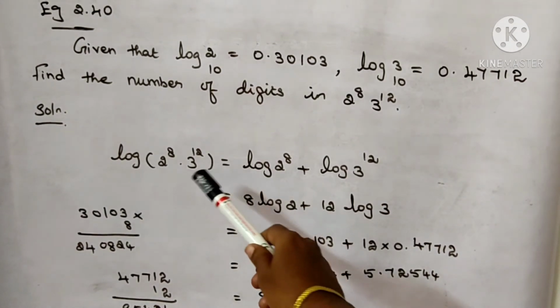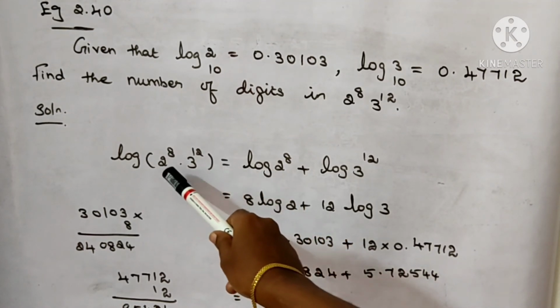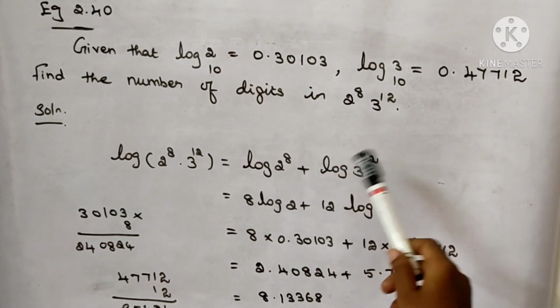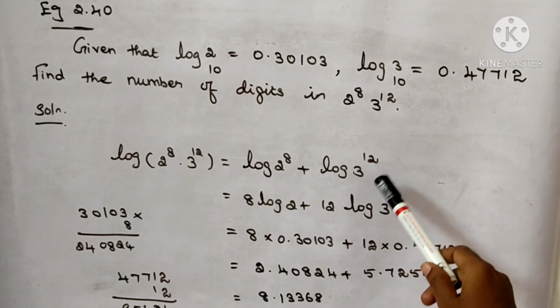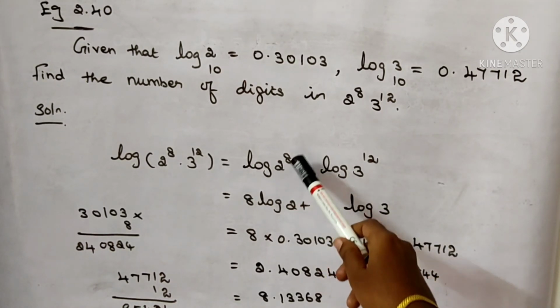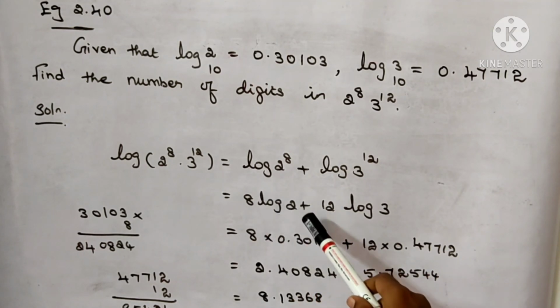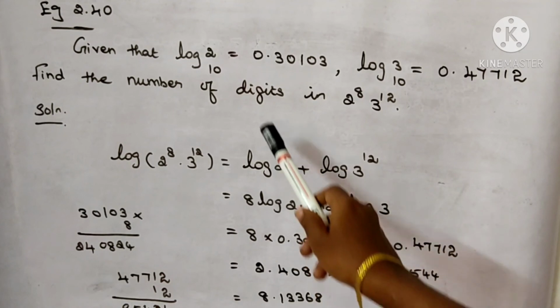You take the log. So log of 2 power 8 into 3 power 12 is equal to, substitute the product rule, log AB is equal to log A plus log B. So we can write log 2 power 8 plus log 3 power 12. Log 2 power 8, we get log A power m is m log A. So 8 log 2 plus 12 log 3. And 8 into the given value.